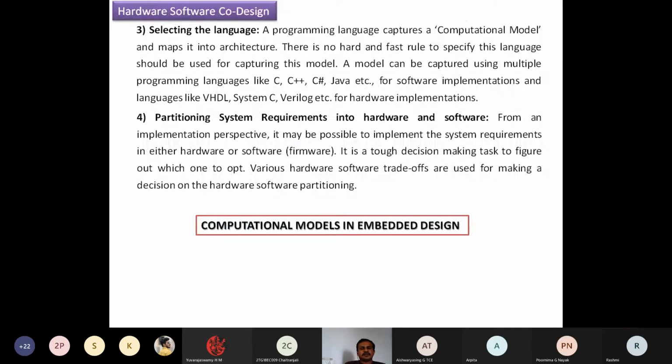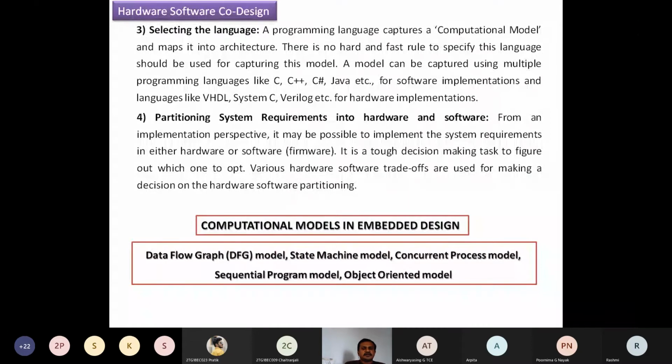Then come the computational models in the embedded design process. The computational models in embedded design are mainly the data flow graph, as we discussed in the problem statement of data path, the data flow graph model, or the state machine model, or the concurrent process model, or we may go for the option of sequential program models or object-oriented models.